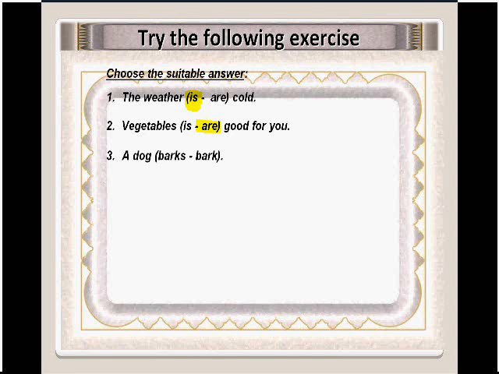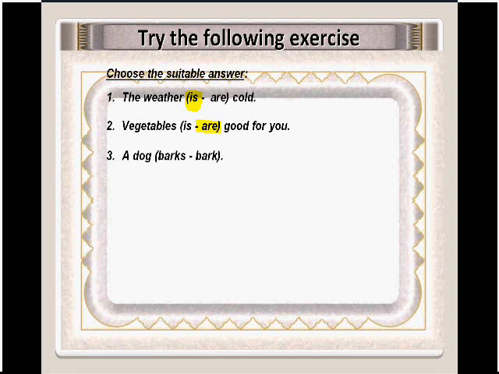Number 3, a dog, is it barks or bark? A dog. Of course, since you have "a" and you have dog without s, then we are talking about a singular subject. So the verb should be which one? You tell me.